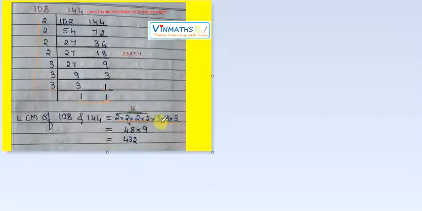Then 16 into 3 is 48. Then 3 into 3 we wrote 9. Now we will multiply 48 by 9. 9 eights are 72, 2 here and 7 as the carry. 9 fours are 36, 36 plus 7 is 43. Total, we got 432 as the LCM of 108 and 144.